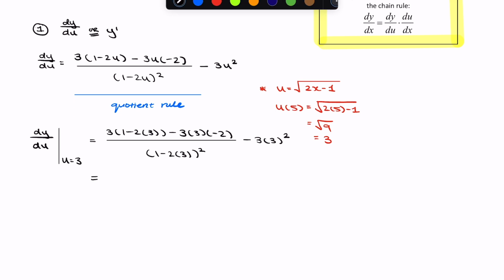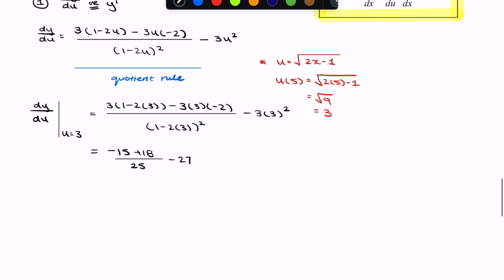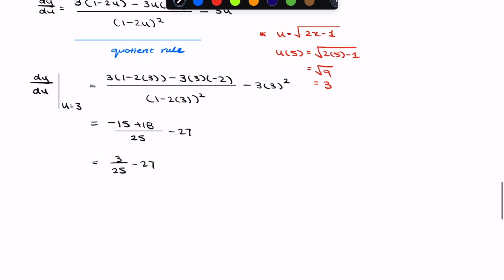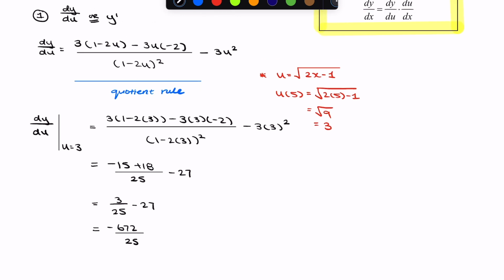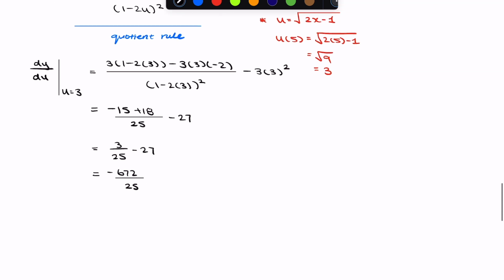That'll be equal to -15 plus 18 over 25 minus 27. So this will be 3 over 25 minus 27. Over a common denominator of 25, we'll get 3 minus 27 times 25, so it'll be negative 672 over 25. Okay, so we found the first thing, dy over du, or y prime.